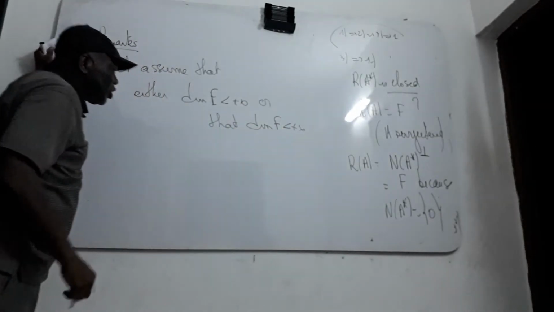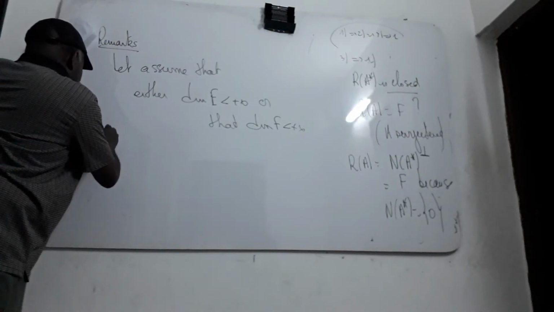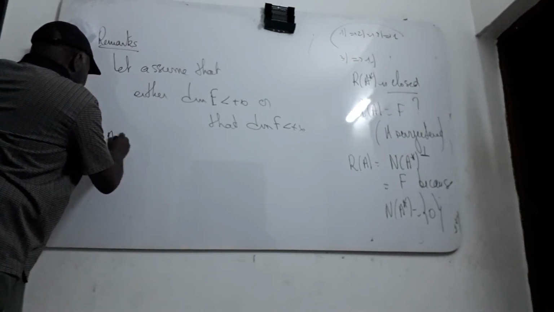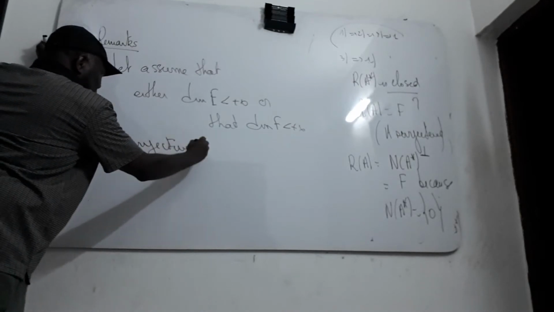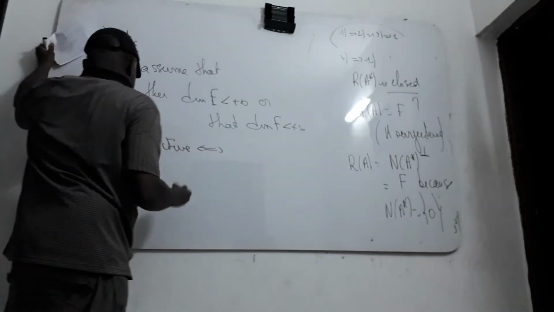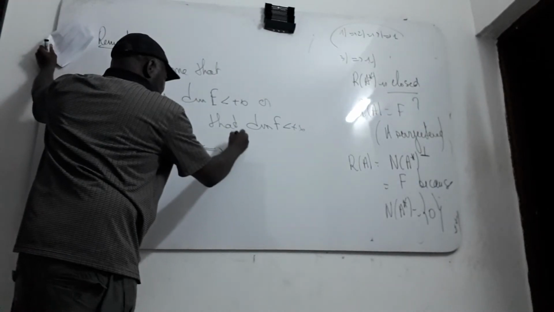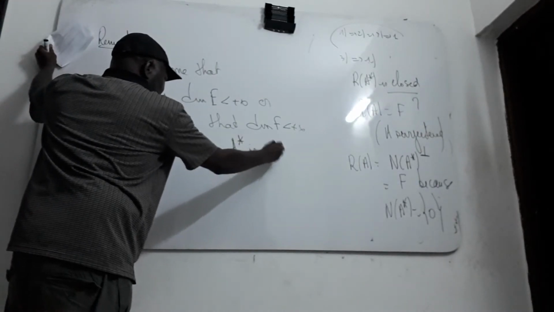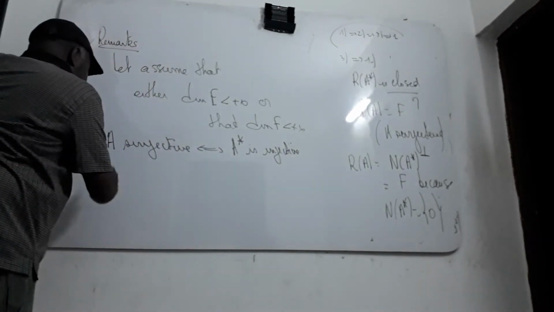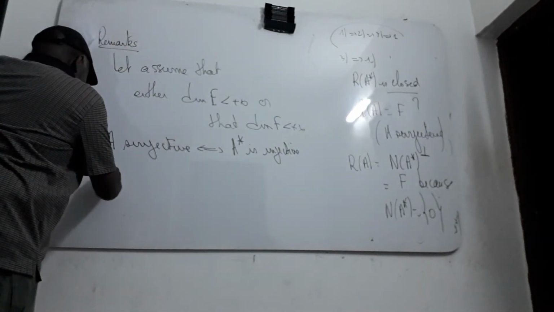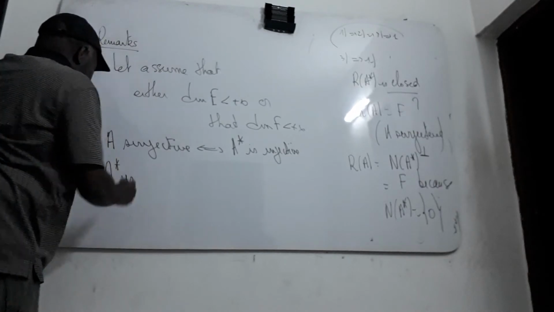If you are in this condition, then A is surjective is equivalent to the fact that the adjoint of A is injective. And also the adjoint is also surjective.